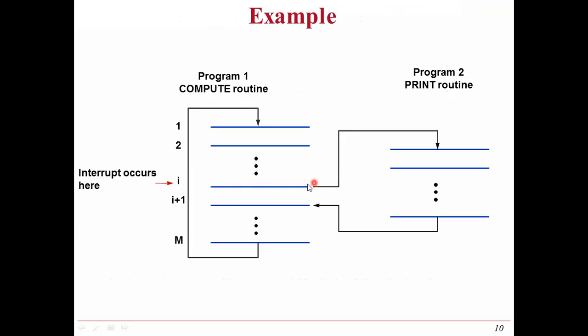That means here at this point the interrupt will occur. When the interrupt occurs, what happens? It goes to the interrupt service routine. How much time does it take for the controller to go from this main program to the interrupt service routine? That time is called the interrupt latency.